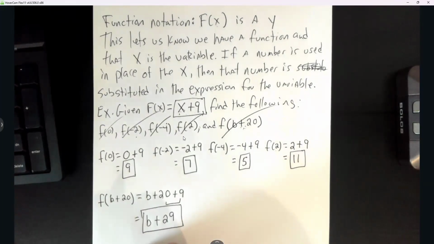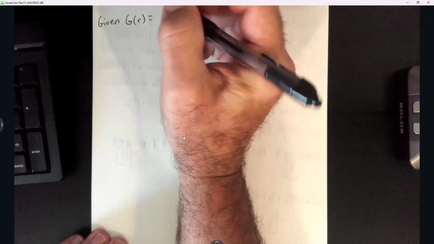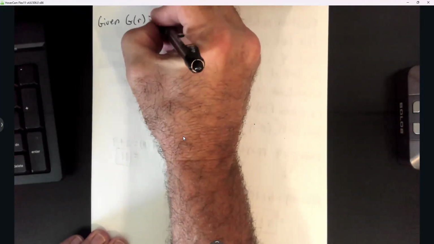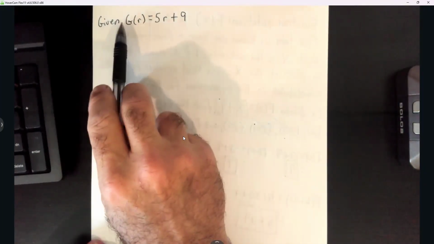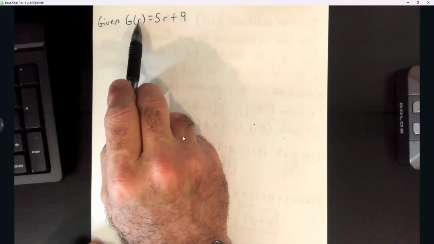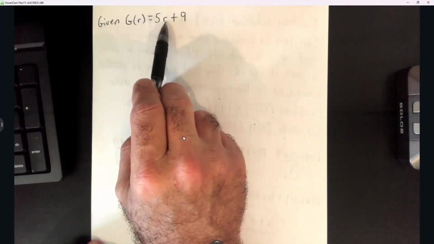All right, y'all, let's try our next one. So for this one, I'm given g of r equals 5r plus 9. So my function's a g, but they're telling me the variable is r. And if you look, that's what I got in here, r, right?